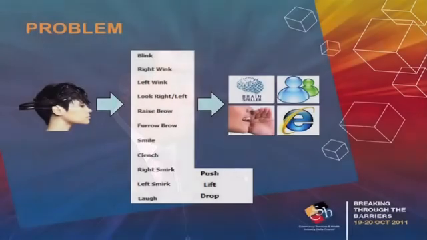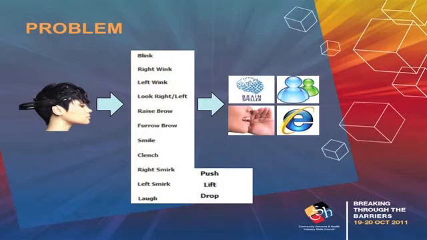So you see how he can use that. What we can get from this device is a list of face expressions and some other actions, so totally around 15 actions.